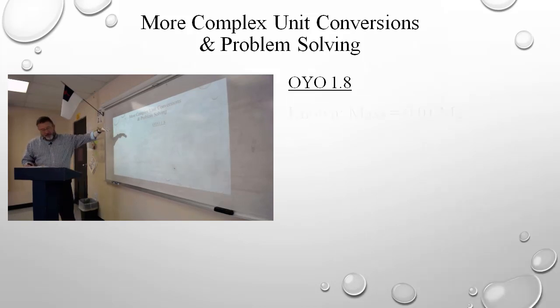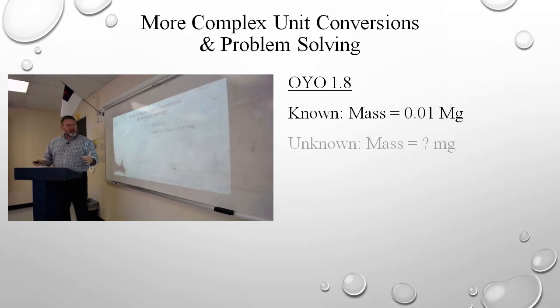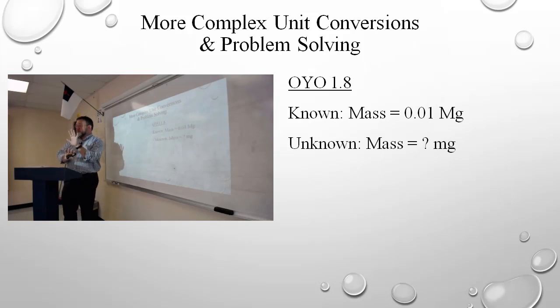So on 1.8, my known mass is 0.1 megagrams. And I need to find out how many milligrams is the equivalent. So again, I'm assuming I don't know anything that's going to take me directly from megagrams to milligrams. If you know this many megagrams equals this many milligrams, you could use that as one single conversion factor, but most people don't.